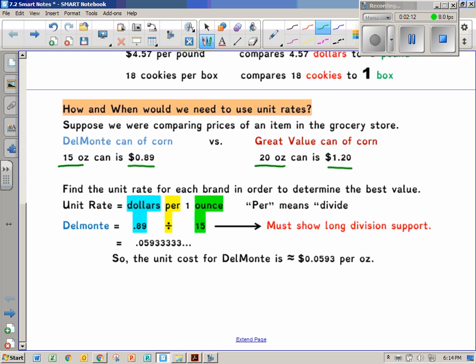So we find the unit rate for each one, and it helps to write out what I wrote right here. When you're finding your unit rate, sometimes you have to figure out, well, which way does it go? Do I do ounces divided by dollars? So you ask yourself, do I want to know ounces per dollar, which you could technically do, or does it make more sense to say dollars per ounce?